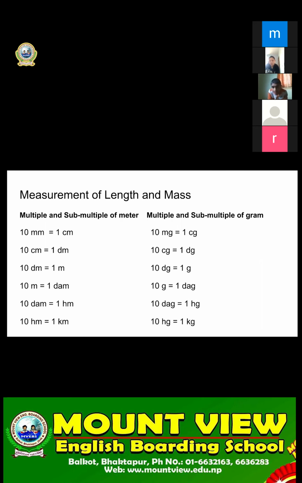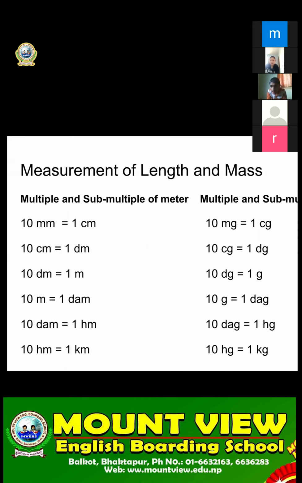Thus, I want to show you the sub multiples and multiples of meter. Here you can see on your screen some multiples and some sub multiples of meter. You can see decameter, abbreviated DAM, hectometer, HM, and kilometer, KM. They are multiples of meter.